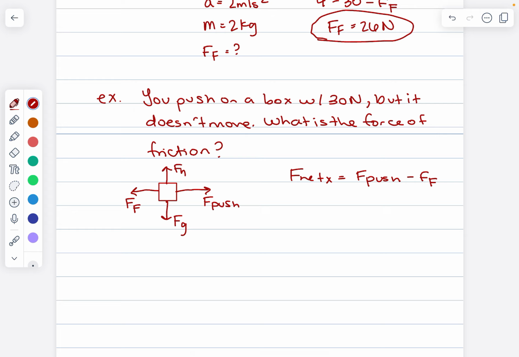But now it doesn't move, so the net force is 0. I know that the force of push was 30. So 0 equals the force of push minus FF. So FF must be equal to 30.